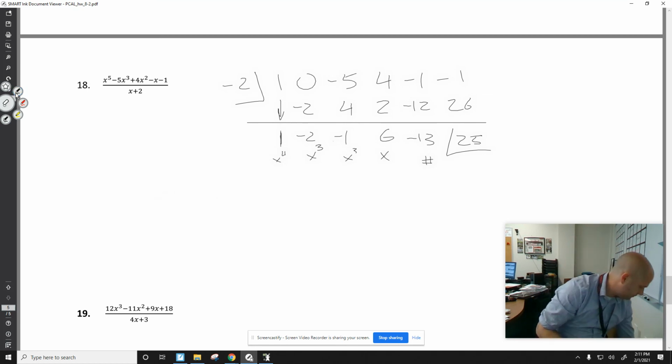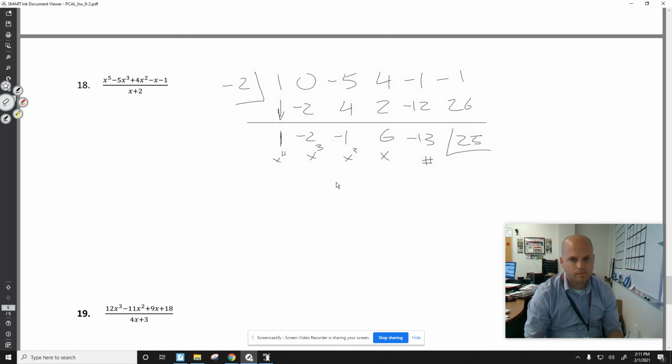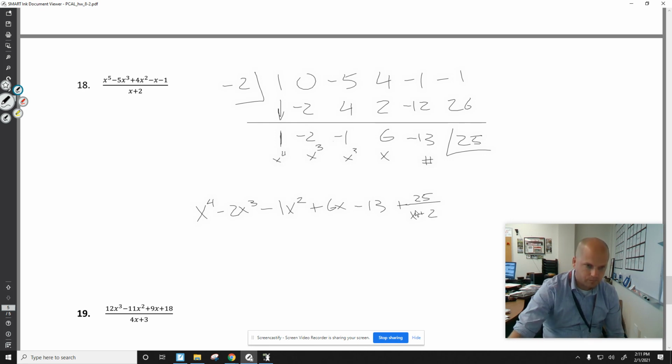It's ugly. Plus 6x minus 13 with a remainder of 25 over x plus 2 left over.